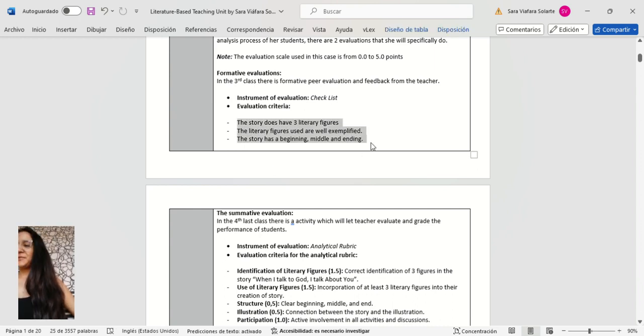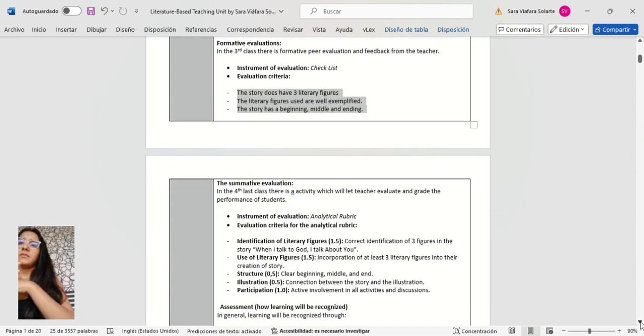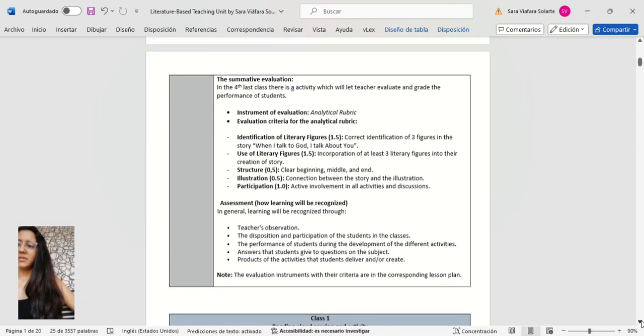I want to explain these evaluation instruments. The formative evaluation is a checklist. In the last class, there is a summative evaluation, an analytical rubric. These are the evaluation criteria.